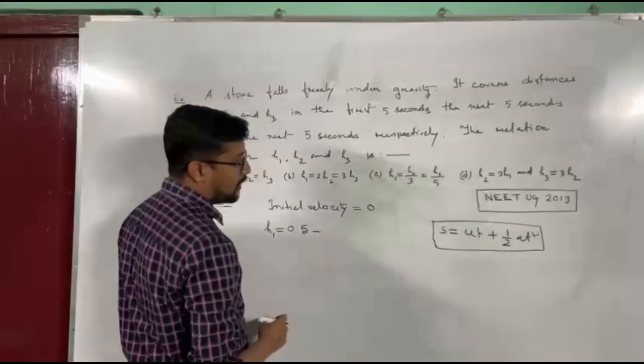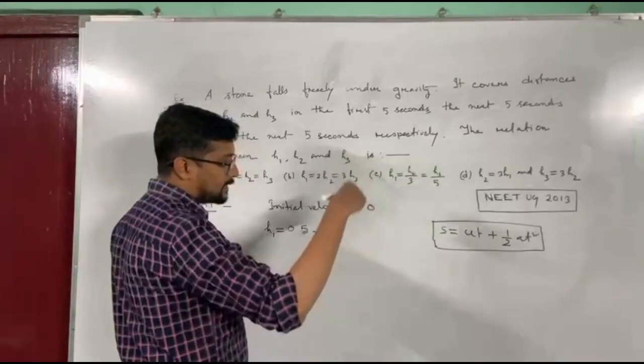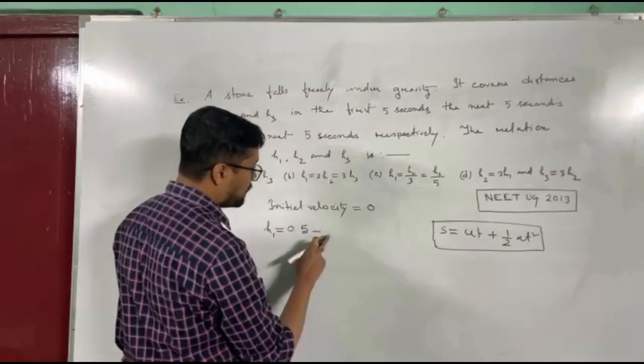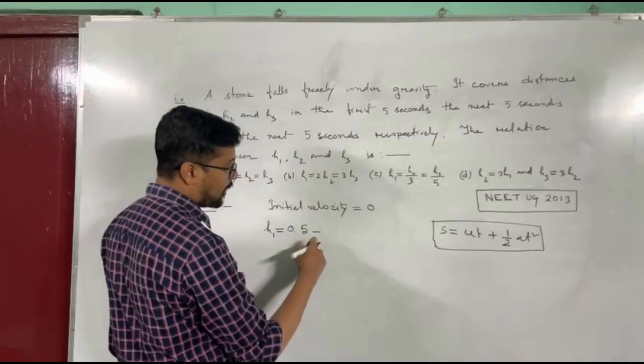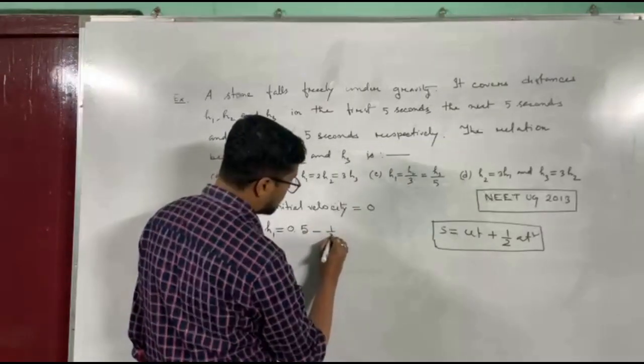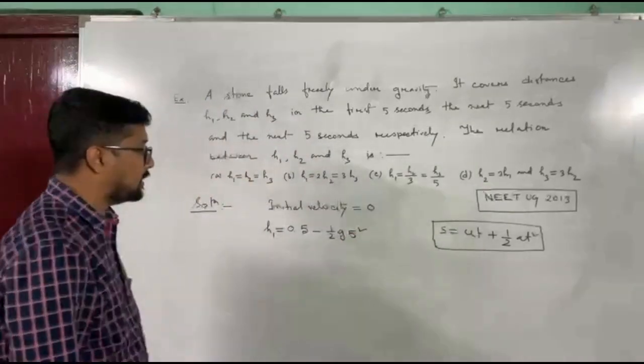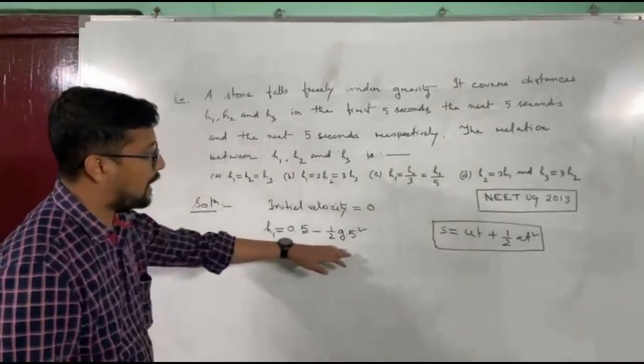So then we have half at square. Since acceleration due to gravity is in the negative direction, a will be minus g. So I am bringing the minus sign in the front of it. So I am writing it as half g 5 square. This is in the first 5 seconds.